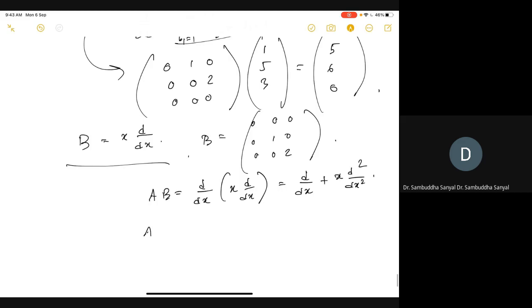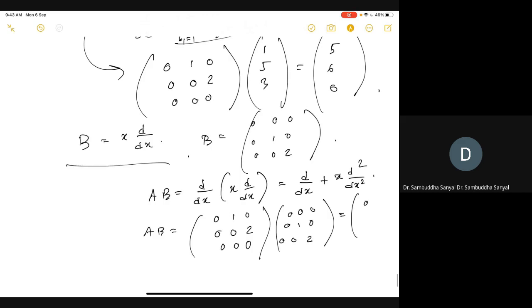So then AB in matrix form is the product, which is 0, 1, 0; 0, 0, 4; 0, 0, 0. So you can check that it does the same job as this combined operator.